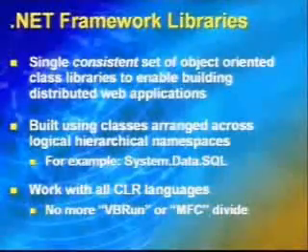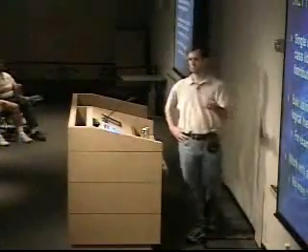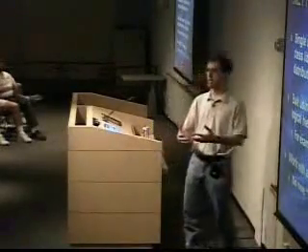On top of the Common Language Runtime, which enables this environment, we've built a set of consistent object-oriented libraries that make development really easy. Things are consistent, which means that the network I/O classes inside System.Net look very similar to the file I/O classes inside System.IO. They follow very common design patterns.